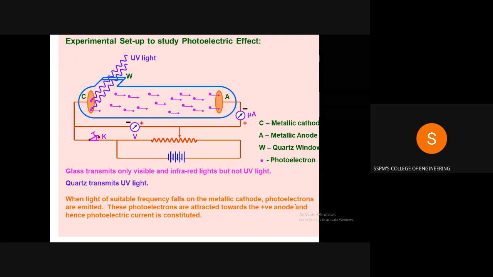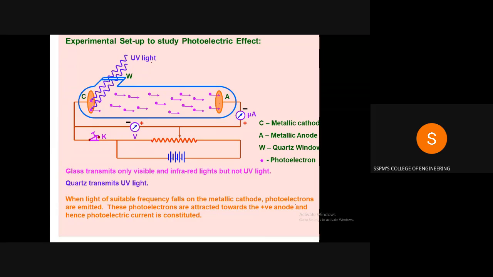When ultraviolet light interacts in the form of photons with this cathode surface, the energy of these photons can be utilized in two ways. First, the energy is used by the cathode surface to eject the electrons to produce the photoelectric effect, and the remaining energy provides kinetic energy to the emitted electrons.